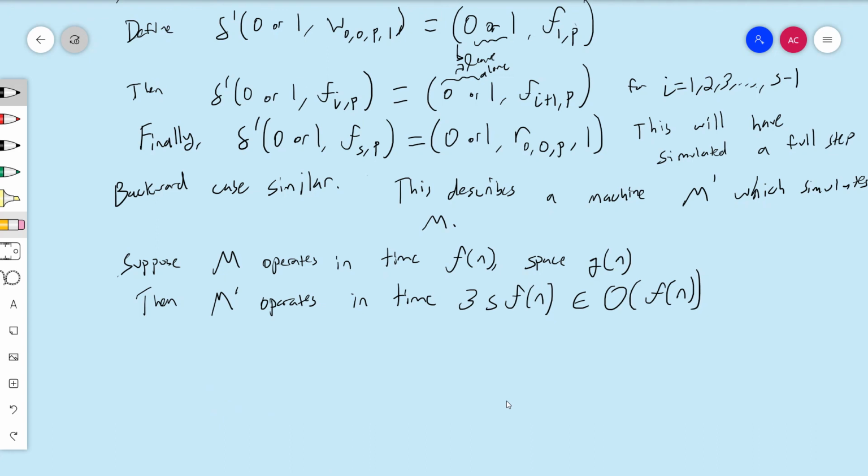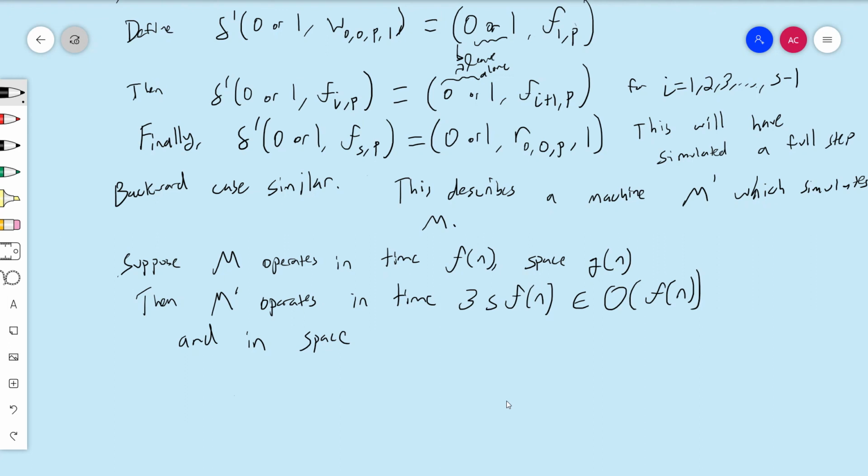And in space, well, space g of n, remember the input and output don't count. The input is going to be longer, but we're not counting the input length as used space. And then, in terms of how much more space I'm going to use, again, it's just one symbol.